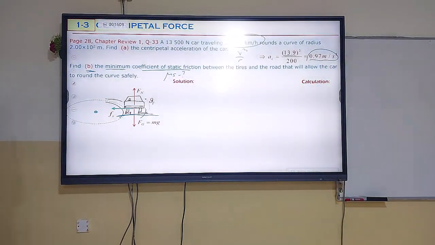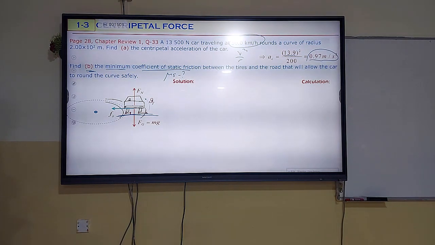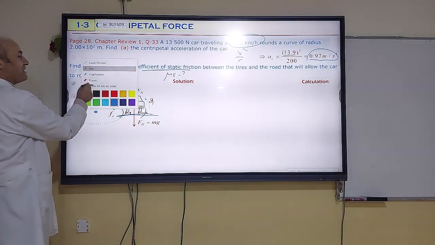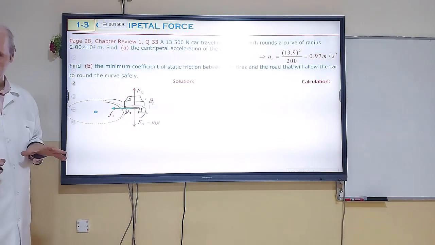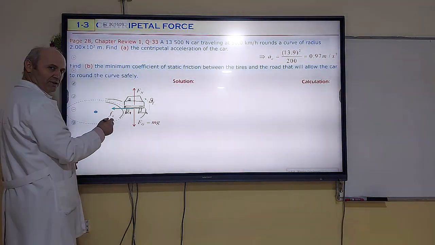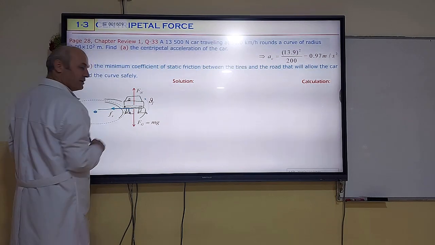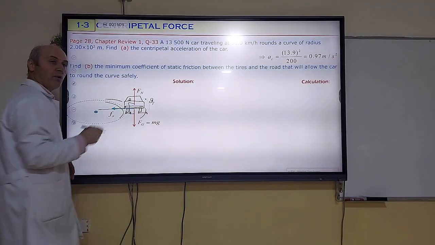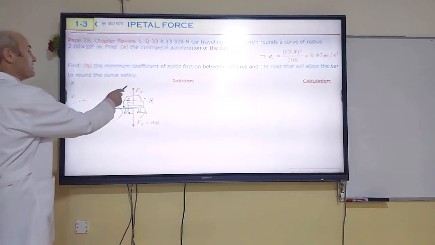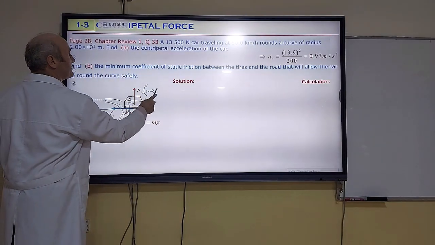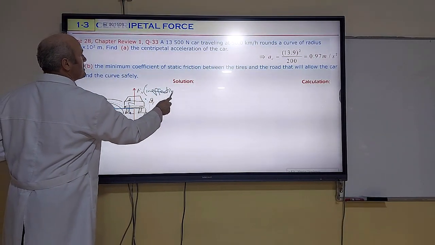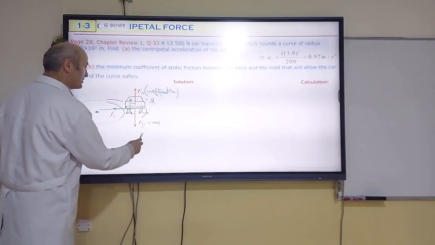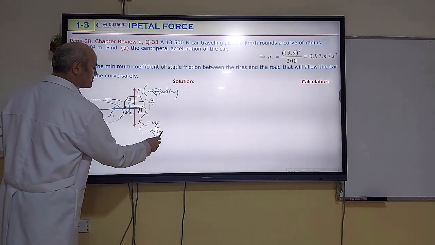When we check these three forces, we see that two of them are ineffective and cannot be centripetal force. What are they? One of them is Fg, because it's perpendicular to the radius. The other one is Fn, also perpendicular to the radius. These two forces are ineffective; they cannot be part of the centripetal force. But we need an effective force.